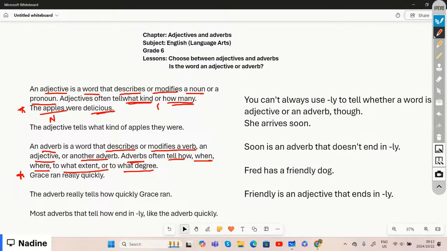And remember, we said that when it comes to adverbs, they either describe or modify the verb, and they tell us how or when or where, to what extent, to what degree. So we say, Grace ran really quickly.